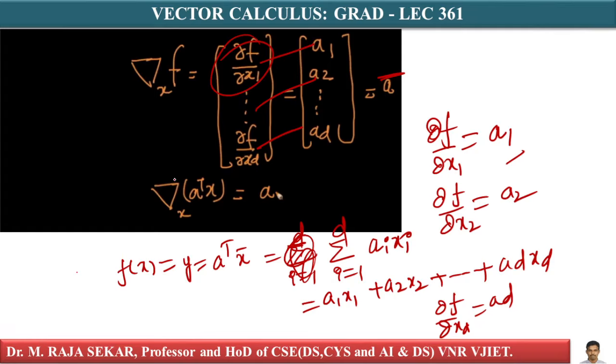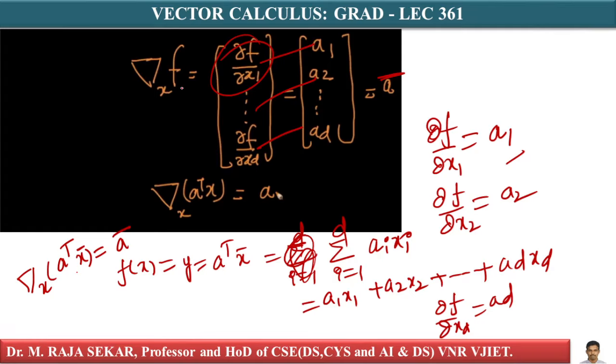So the derivative, that is the grad of a transpose x bar, is a bar. That's what it says. Very, very simple.